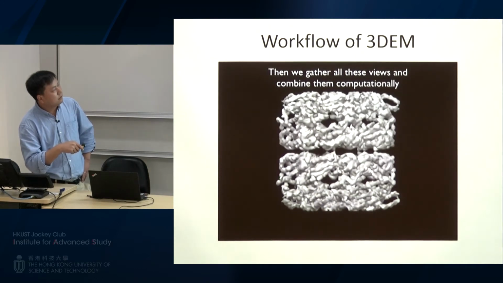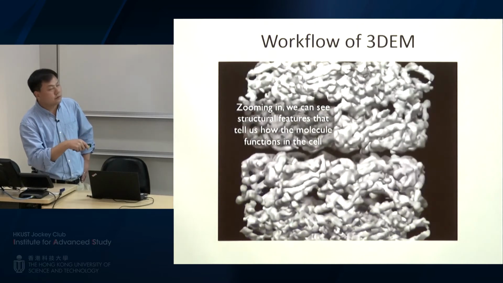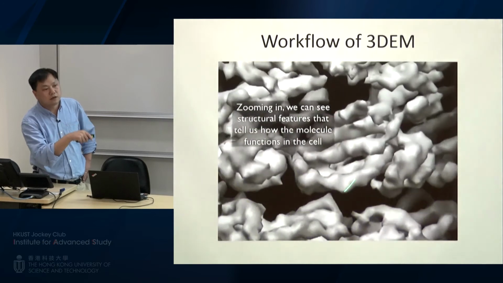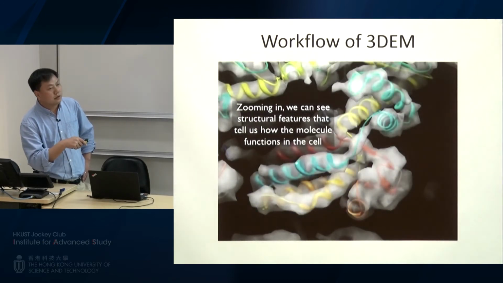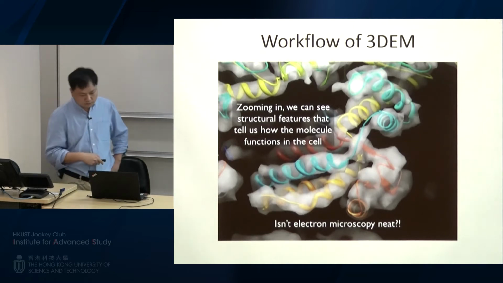Then mathematically, we can combine those 2D projections into a 3D structure. Depending on the data quality and the number of particles or images, we can determine the 3D structure at different resolutions. For example, what you are looking at is probably around 10 angstrom resolution. At 10 angstrom, we start to see the secondary structure of a protein, such as alpha helices.